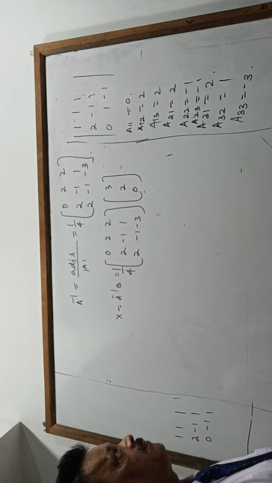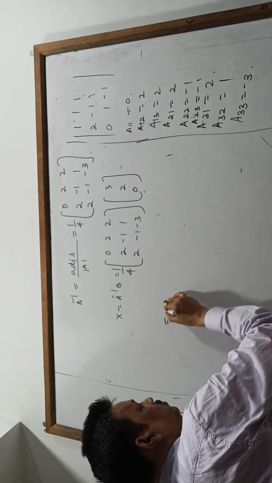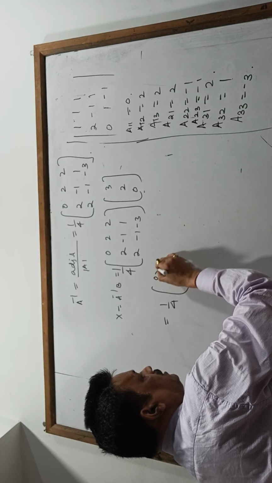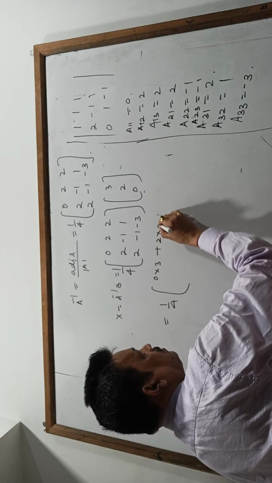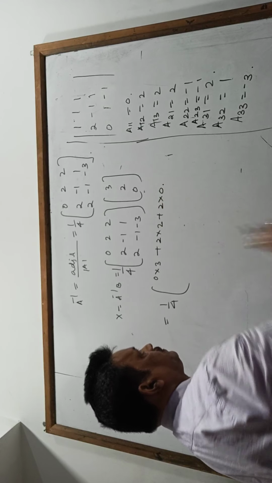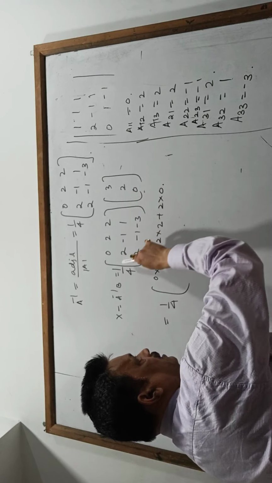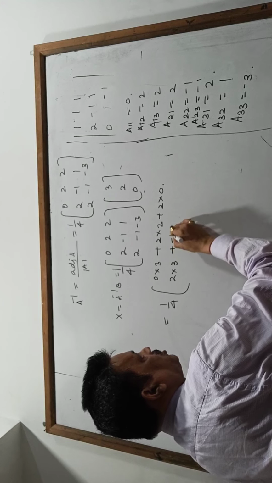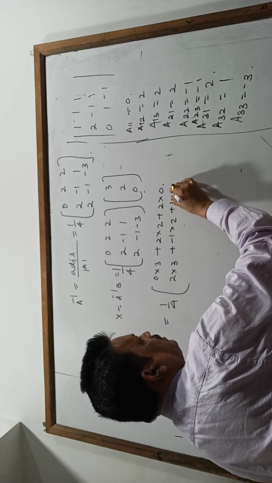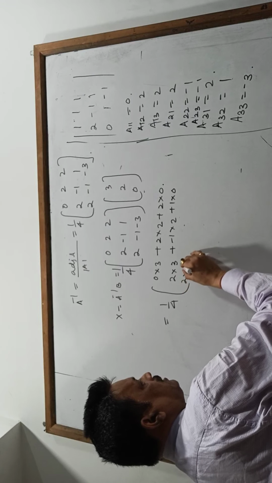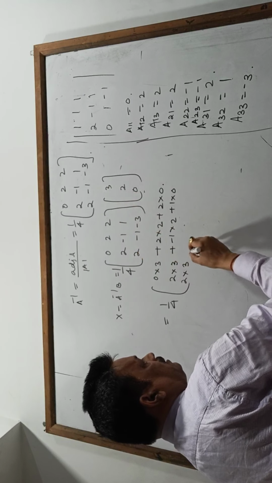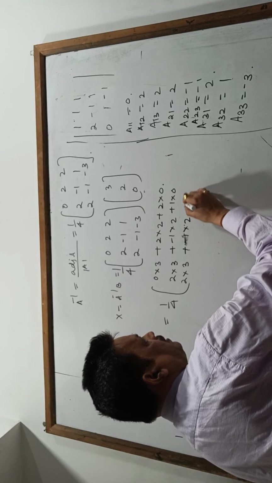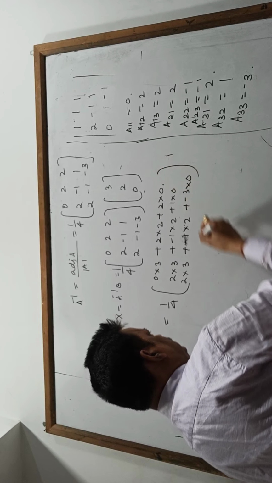Okay, let's multiply row by column: 0 into 3 plus 2 into 2 plus 2 into 0. Then 2 into 3 plus minus 1 into 2 plus 1 into 0. Then 2 into 3, minus 1 into 2, plus minus 3 into 0.